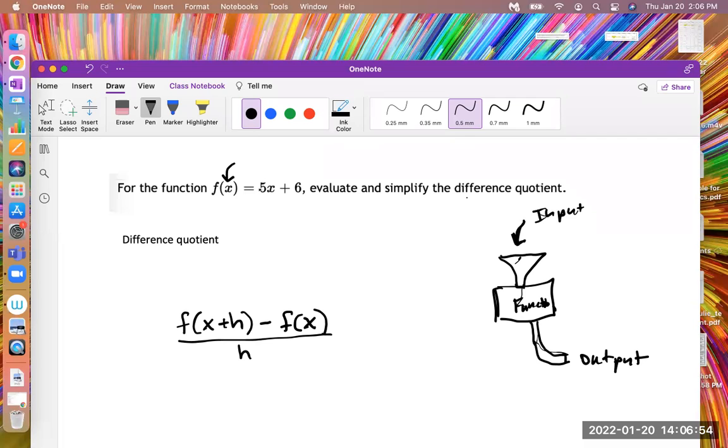We're going to substitute it for x, because the x, like I said, is that little basket waiting for whatever ingredients you give it.